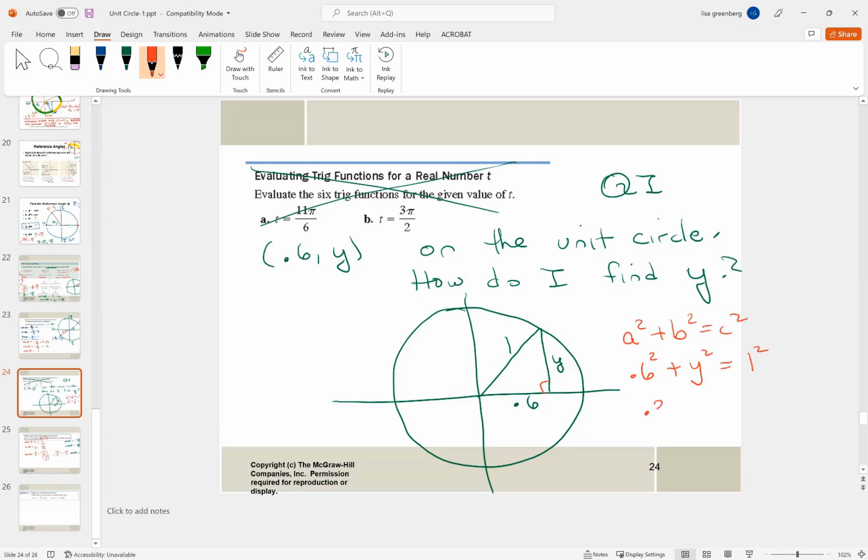So I get 0.36 plus y squared equals 1. Y squared equals 1 minus 0.36, which is 0.64. Oh, that worked out well. So y squared equals 0.64, which means y is equal to 0.8. So now I know I could have a 0.6, 0.8.